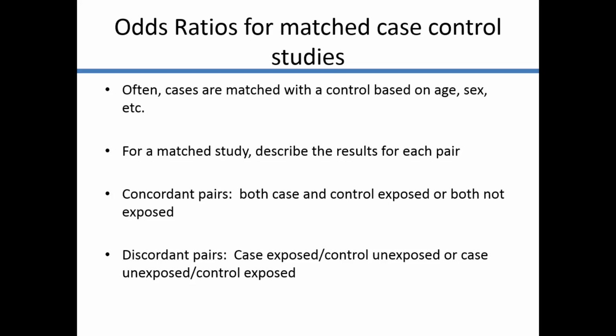Now there's matching, as we talked about earlier. Most matching these days is frequency matching, which doesn't really change the analysis, but in some studies, many in the past and some in the present, they do individual matching. Like we have a case who's 39 years old, male, and lives in Connecticut in this town.